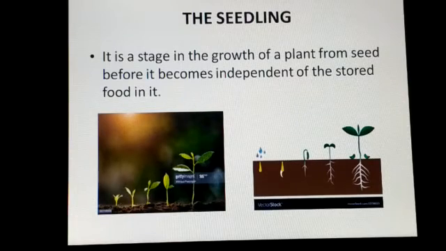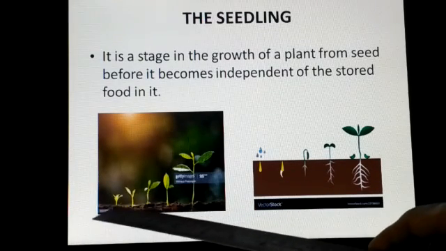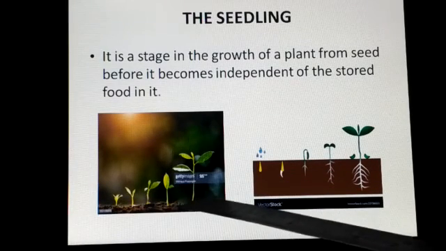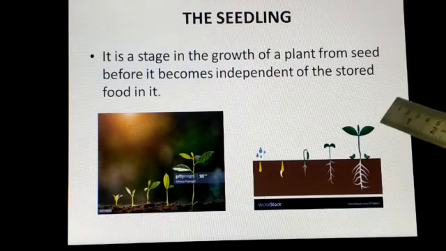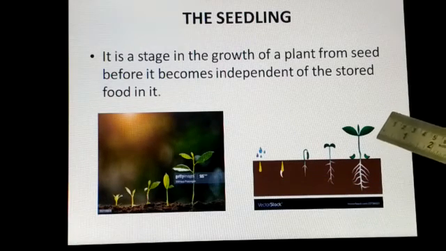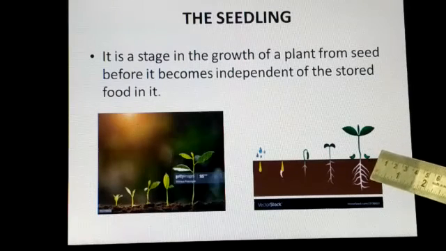Next we come to the seedling. After germination, slowly the plant keeps growing, and when a stage comes that the plant becomes fully independent of the stored food in it, then it is called a seedling. Now if you observe here, slowly the plant keeps growing, and till the plant grows this much tall, the roots are properly developed.